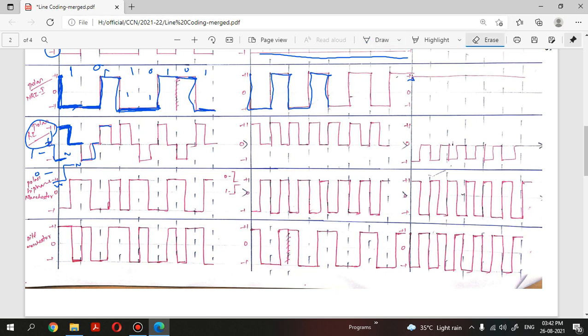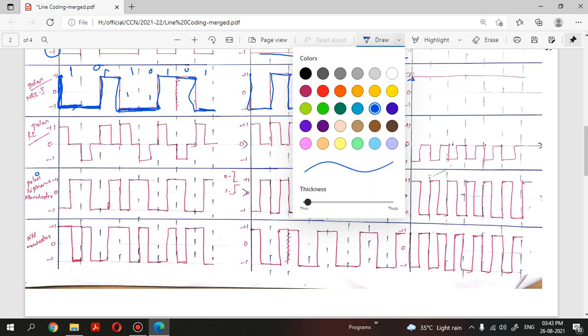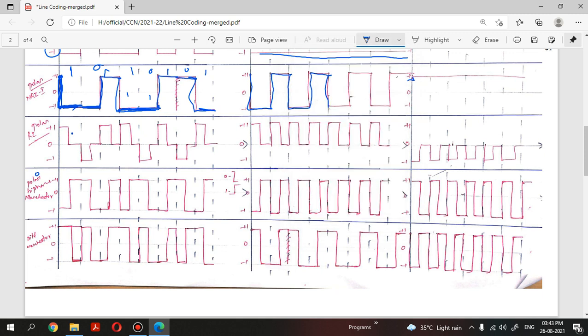Let me erase this. Here, this is 1, so I maintain this graph for 1. Let's see how this voltage level needs to be drawn. Next one is 0, so I start from negative to neutral.